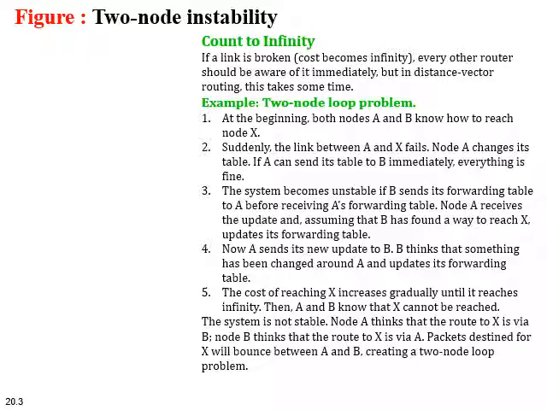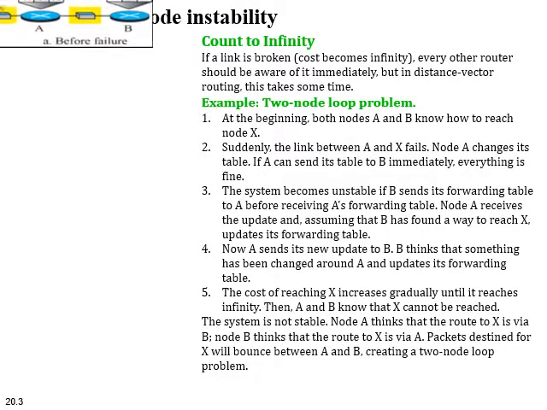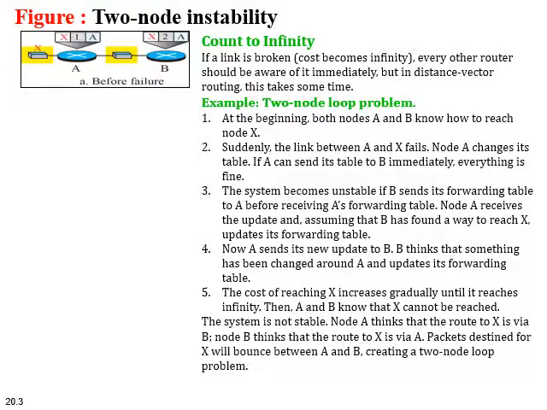What is the shortcoming we noticed in the distance vector algorithm? The two node instability problem is what we notice in the distance vector algorithm, and we call it the count to infinity.